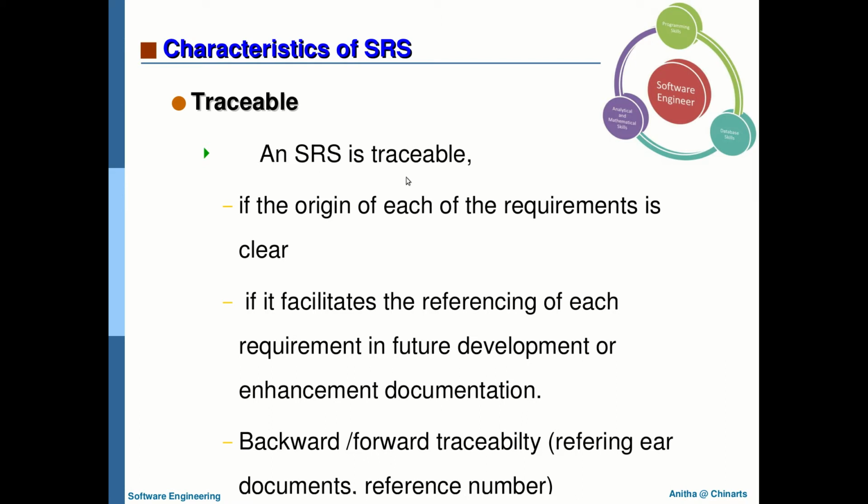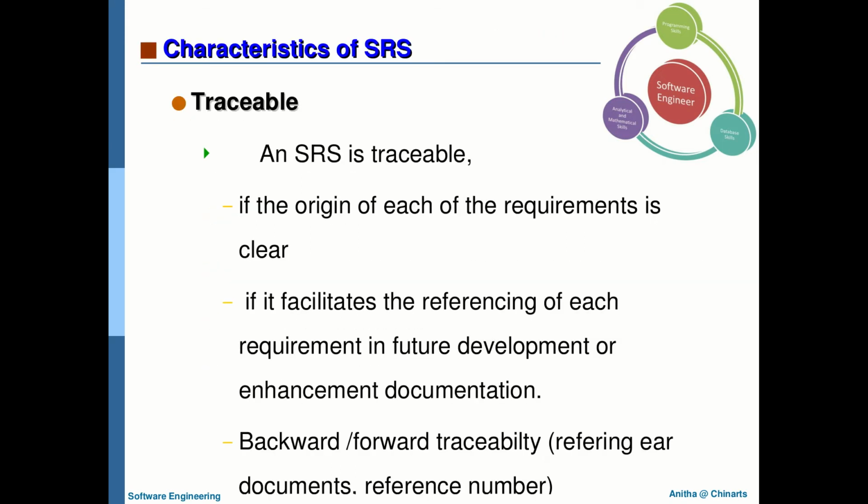An SRS is traceable if the origin of each requirement is clear, and if it facilitates the referencing of each requirement in future development or enhancement documentation. Backward and forward traceability is also available. So traceable means from where the requirement has come, who proposed this particular requirement, and all the referencing for each and every requirement in future development or while enhancing. Backward traceability as well as forward traceability, everything is available in the SRS, then you call it traceable.